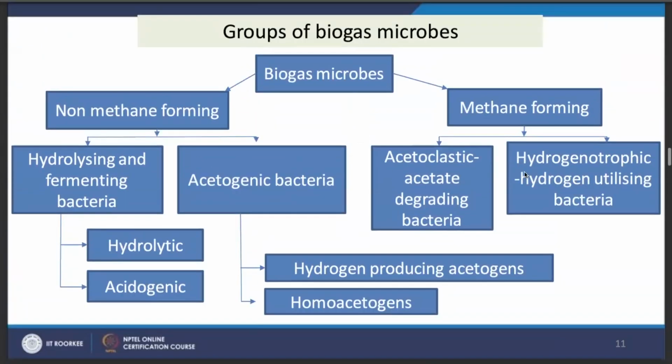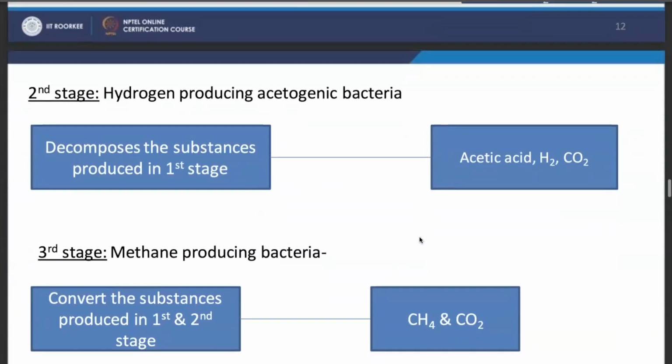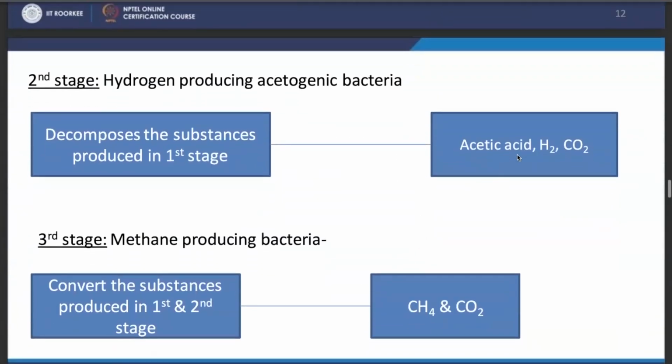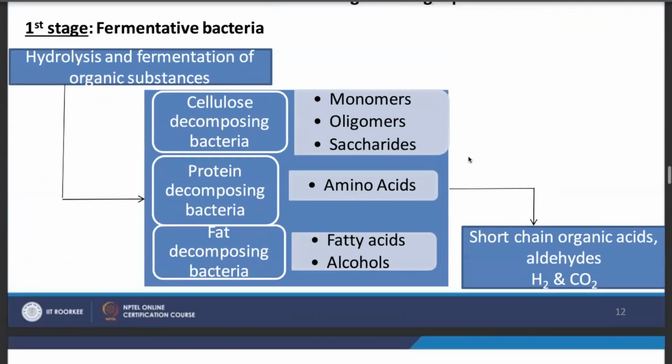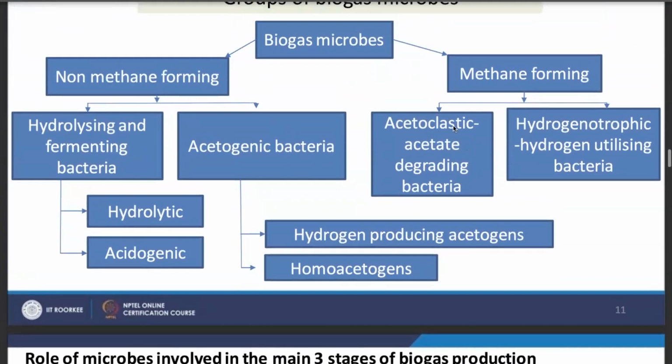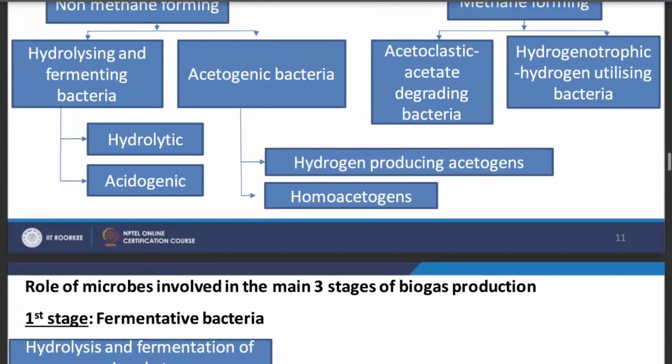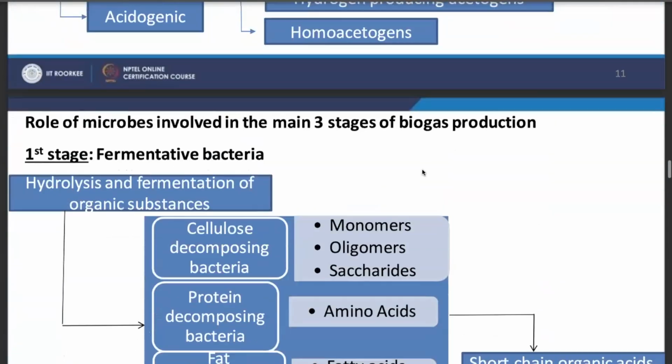If we want to convert hydrogen into biogas, we will use bacteria belonging to the hydrogenotrophic class, right? And if we have acetic acid, it will be converted into methane and CO2. This is the function of acetoclastic microbes belonging to methane forming bacteria. I hope now this table makes some sense.